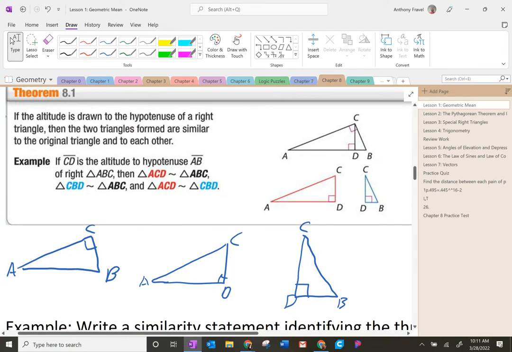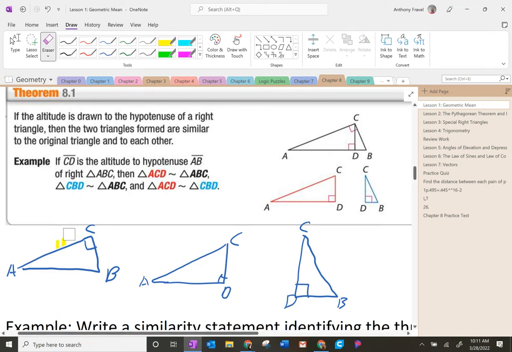Okay, in the similar triangles, I know that this side and, oops, wrong triangle.